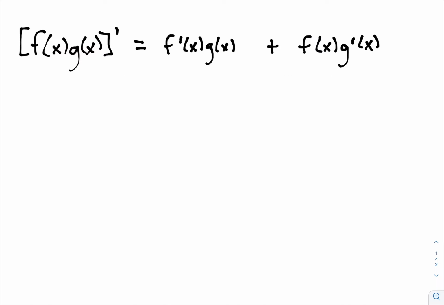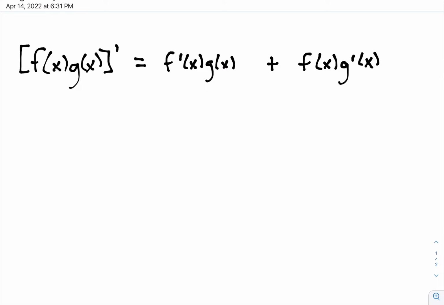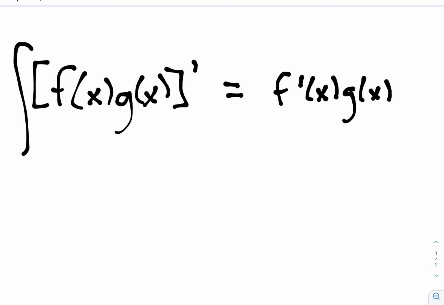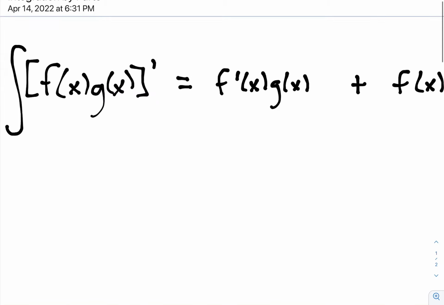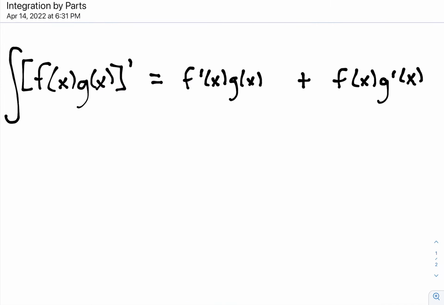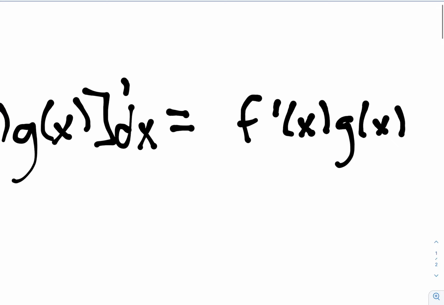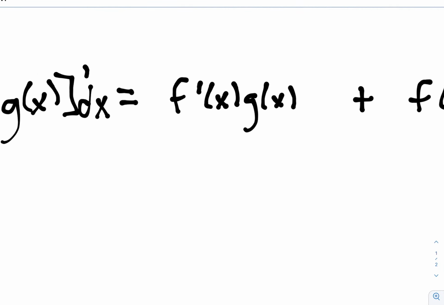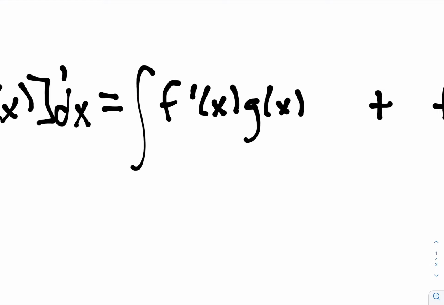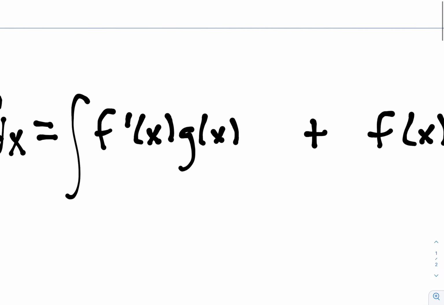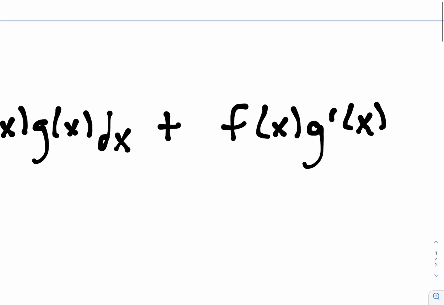The inverse operation of differentiation is just integration. So if we integrate the left side, we're just left with f of x times g of x. And if we integrate one side, we have to integrate both sides, so I'm going to squeeze a dx in there, because it's with respect to x.